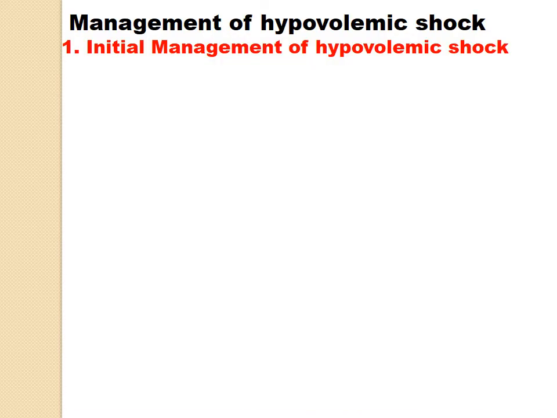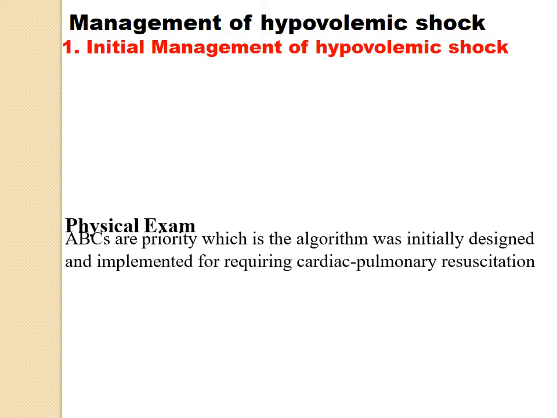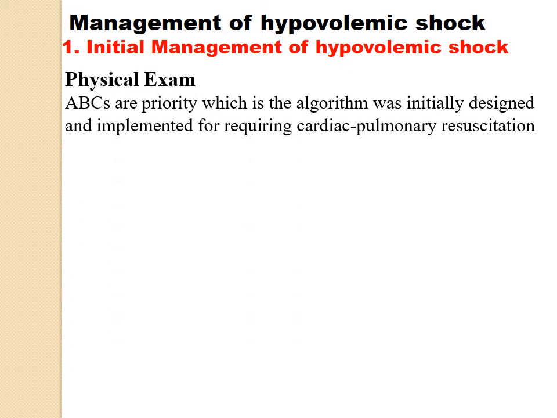Now, after this pathophysiology and severity, come to the main point, that is the management of hypovolemic shock. Initially, the management of hypovolemic shock involves the physical examination. In the physical examination, the ABCs are the priority. So, what is ABC?